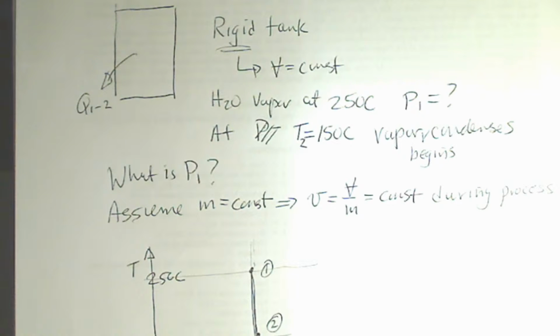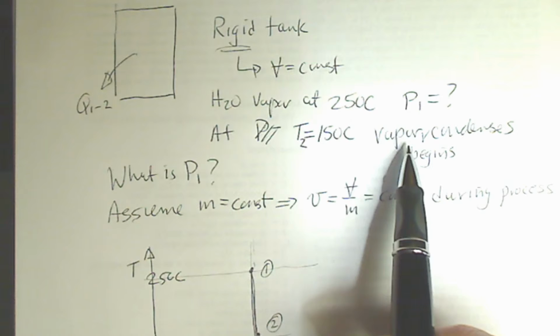But what is this initial pressure and what is this final condition? If we could find either one of those, we can find the other, because the specific volume is constant. That can help us find the missing state.